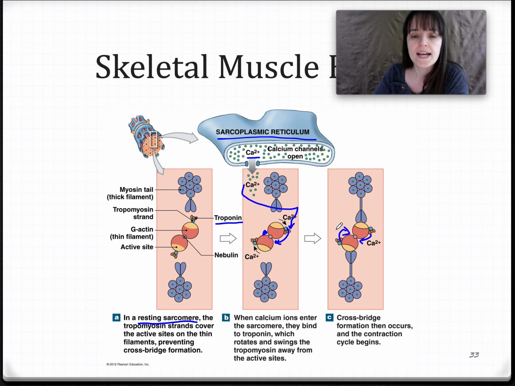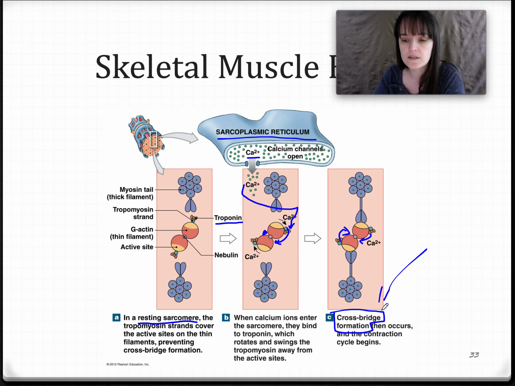Then the active site is exposed, and it's also called the myosin binding site, and the myosin heads will bind to the myosin binding site, and when they bind, that is called cross bridge formation. So when the myosin heads bind to the active site on actin, they have formed a cross bridge, and binding is cross bridge formation.